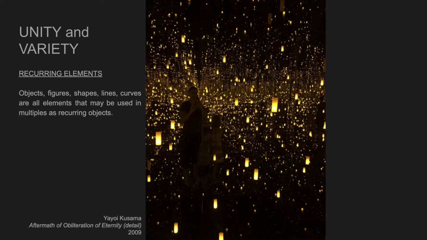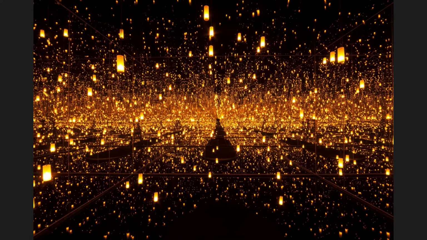She's maybe about 90 years old, but she's really hot, and her art is in and around Chicago and the world, really. She lives in Japan. But this environment is really unified because of the recurring elements of the lights.